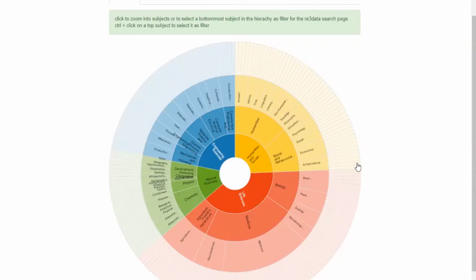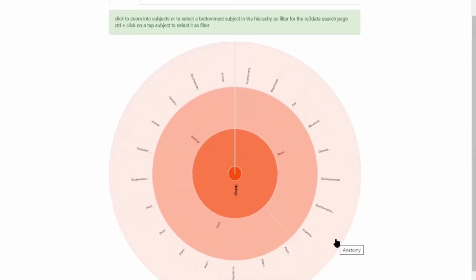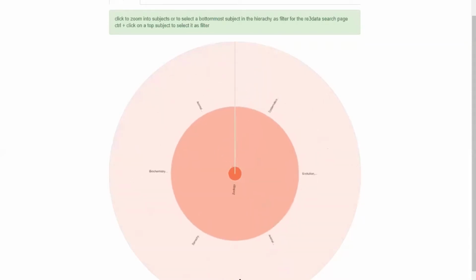So say we wanted to look at the life sciences. We can start here at the innermost part of the circle, and we can click life sciences. And you can see that broadens out a little bit or gets more specific. And now we have 3 areas to choose from. So if we choose, say, biology, and then let's go with, say, zoology.